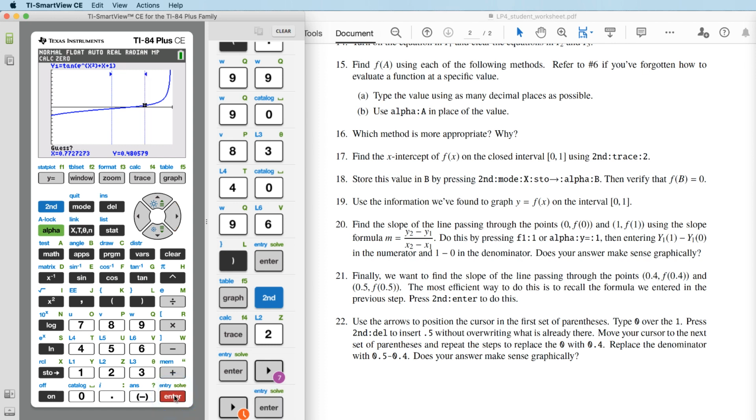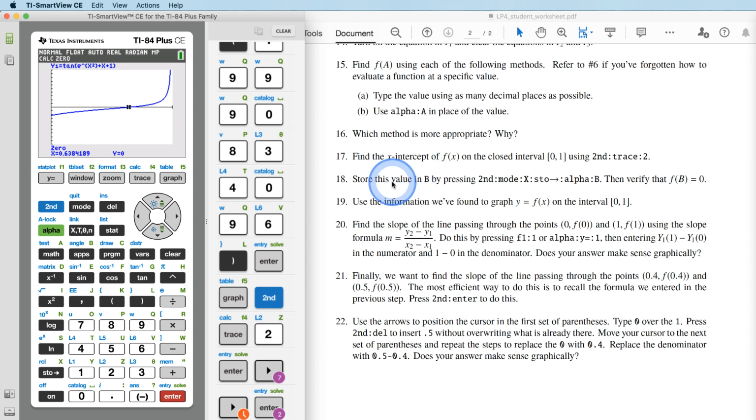And the calculator is going to look between those two boundaries, where does the function equal 0? So then hit enter, and it gives us that value. So that value is stored in x right now. If I need to store it permanently, I can store it in a or b or c or any of the other letters besides x or y. But I don't think that we need to do that.